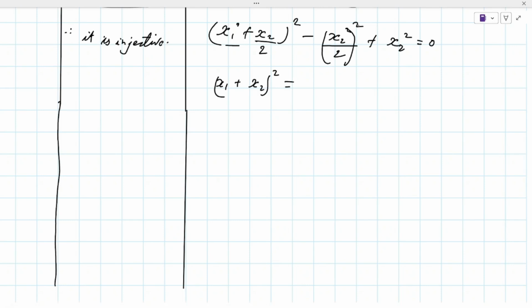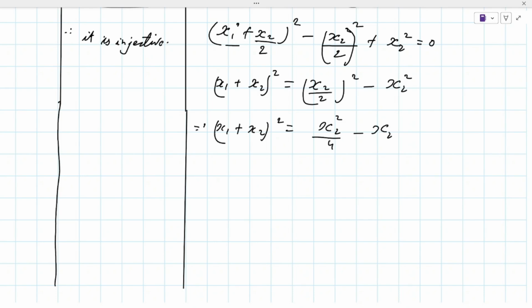And this part we will take to the right side. So it will be x2 by 2 whole square minus x2 square, right? Is it clear? Now it will be x1 plus x2 whole square, this will be x2 square by 4 minus x2 square, right?